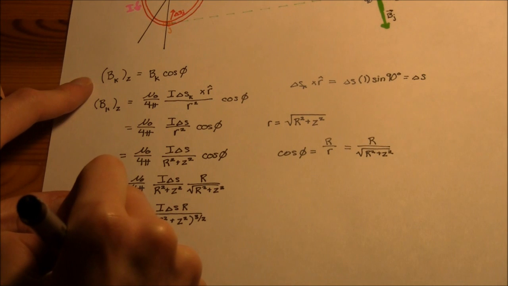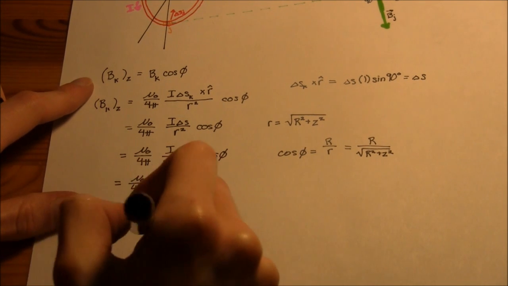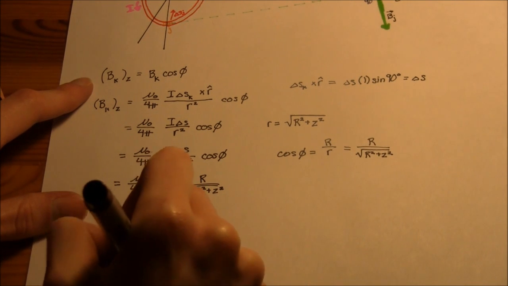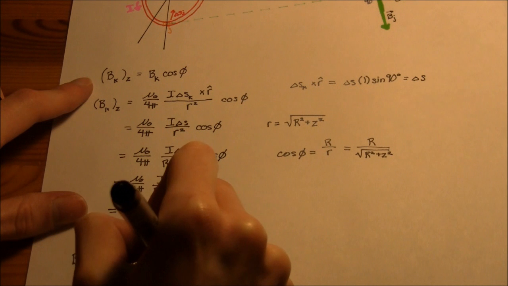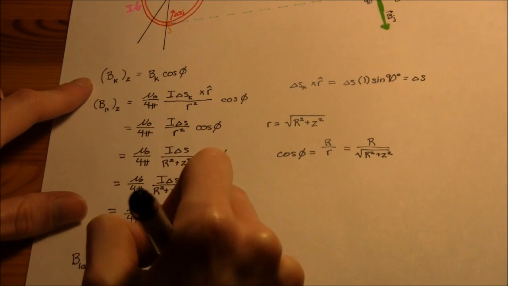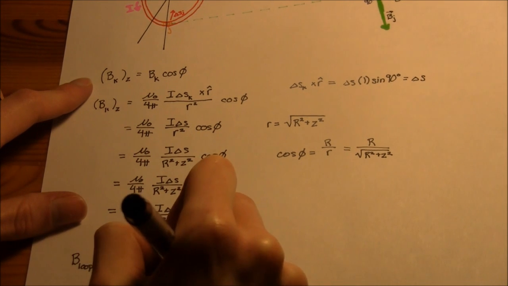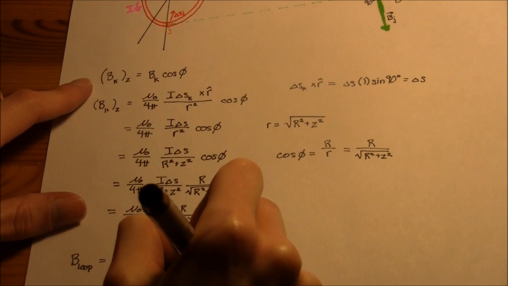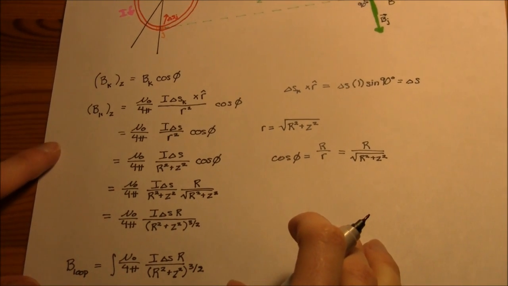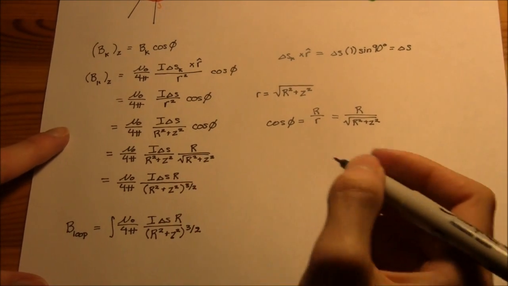So the magnetic field of the entire loop is equal to the integral of mu naught over 4 pi I delta S R over R squared plus z squared to the 3/2. Now in this integral, the delta S becomes our dS.